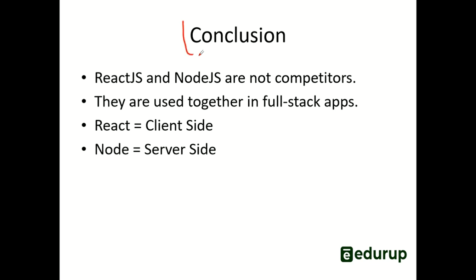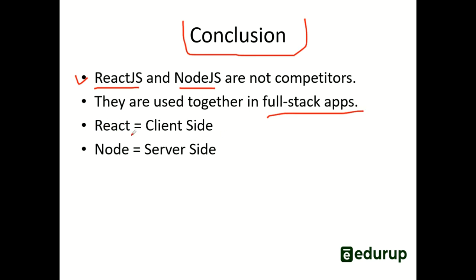Let's go with the conclusion part. In conclusion, React.js and Node.js are not competitors. They are used together in full stack applications, so it's mandatory that we use them. Full stack apps here means MERN stack apps.